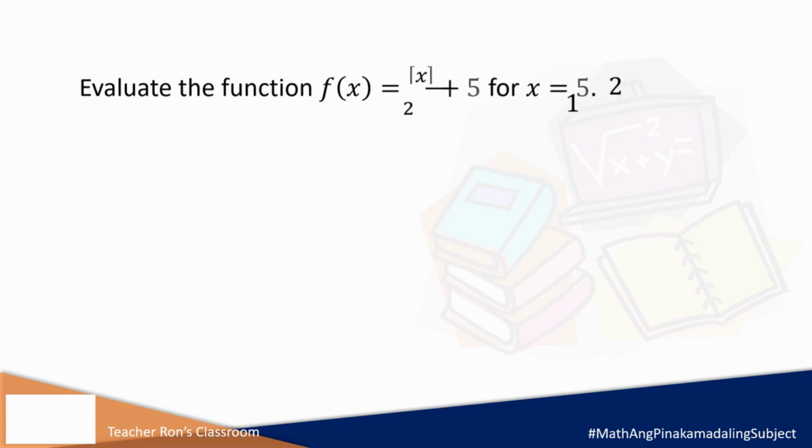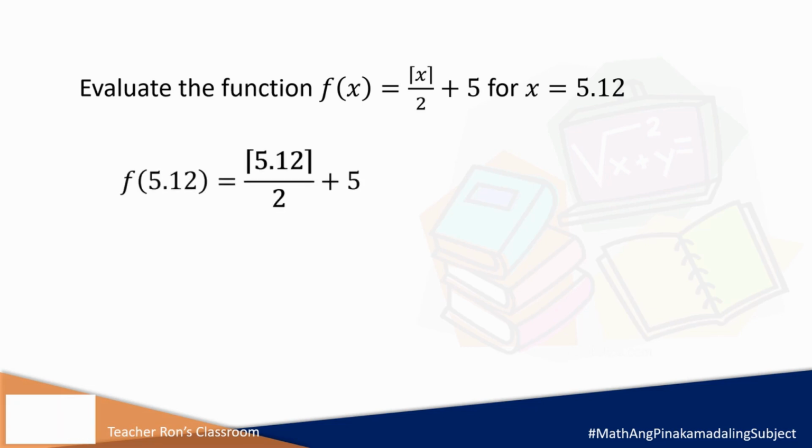Another example. Evaluate the function f of x equals the ceiling of x over 2 plus 5 for x equals 5.12. Papalitan muli natin ang x ng 5.12. So meron tayong f of 5.12 equals the ceiling of 5.12 divided by 2 plus 5.